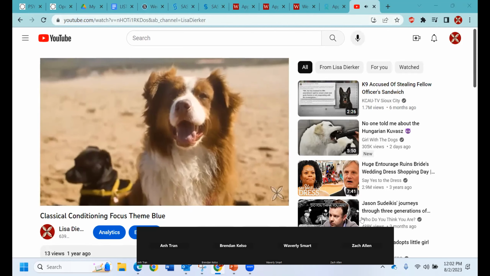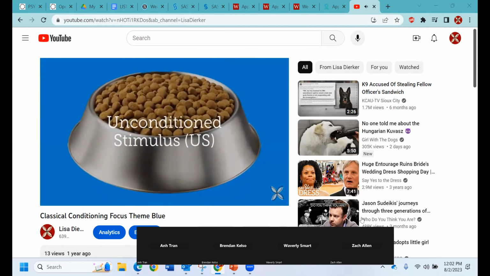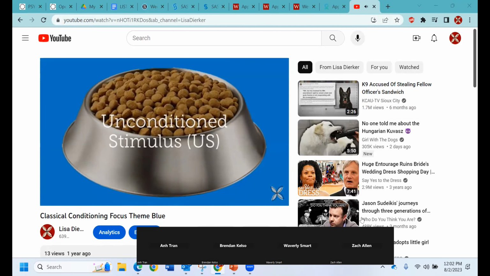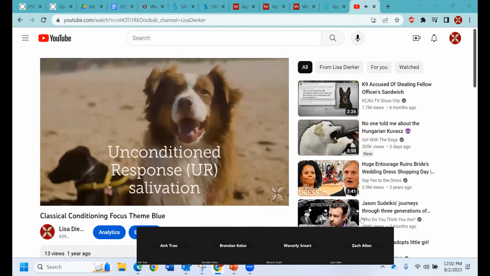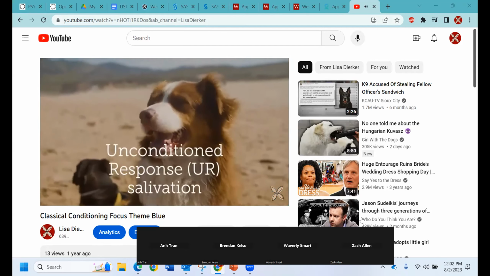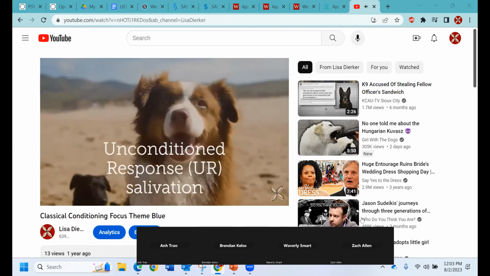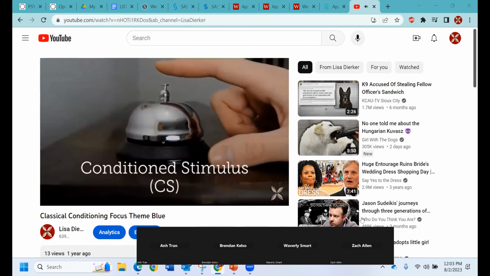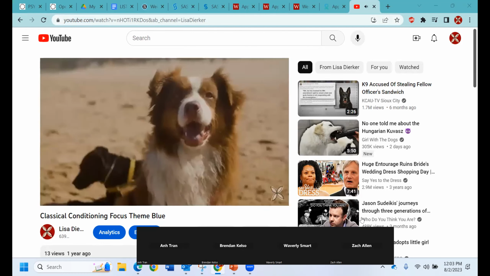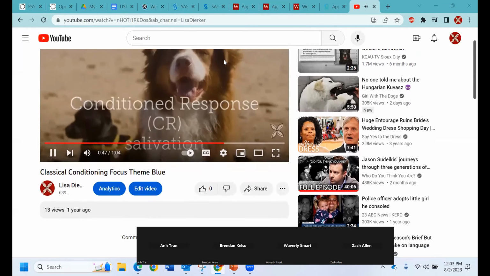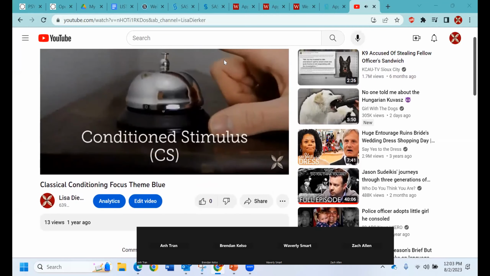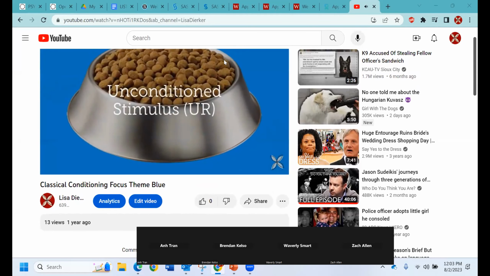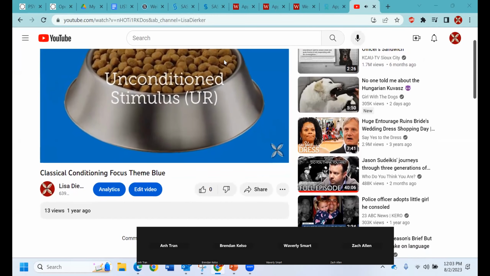The dog food in Pavlov's experiment is the unconditioned stimulus, or US, because it elicits an unconditioned response, or UR. That is, without any kind of training or teaching, the stimulus produces a natural instinctual reaction. On the other hand, a conditioned stimulus produces a conditioned response. A conditioned stimulus, CS, is a signal that has no importance to the organism until it is paired with something that does have importance.